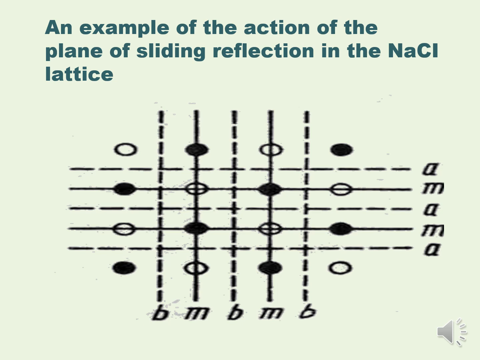With this transformation, sodium ions and chloride ions, light circles, are symmetrically combined with each other.